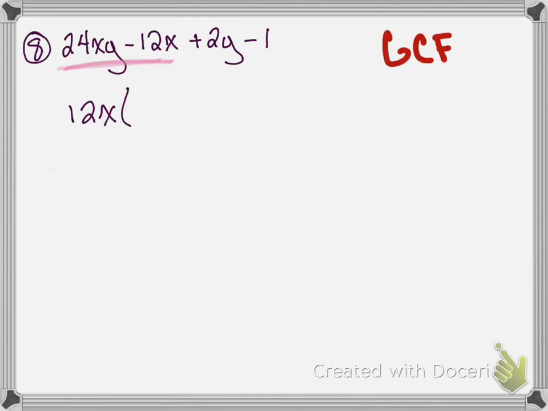Then I am left with 2y minus 1. Okay? Now, the second one appears that there's nothing that we can take out of that. And I would agree, there isn't a number that's common to both 2 and negative 1, and there's not a variable common to 2y and negative 1. So what we are taking out is a plus 1.